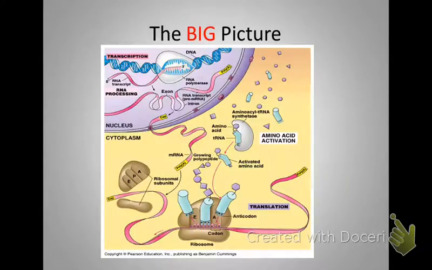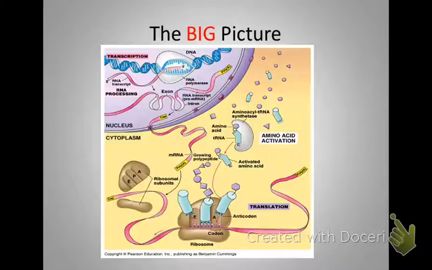Okay, so here's our big picture. We had transcription taking place in the nucleus. Your messenger RNA was made 5' to 3'. We had to do 3 things to it to modify it before it could leave the nucleus. What did we put on the 5' end? A cap. Put a little cap on the 5' end.